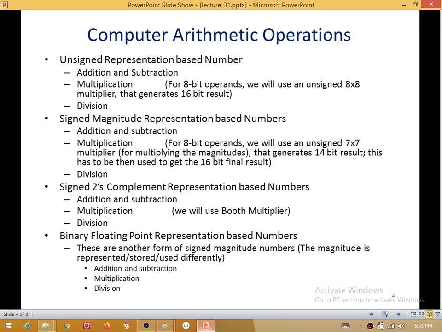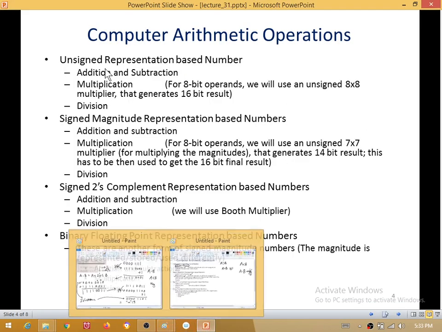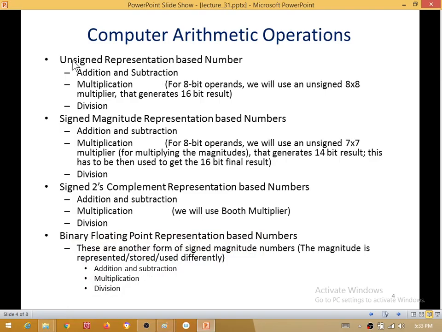So whenever we are looking at the subtraction of unsigned numbers, remember that there are two options available with us. After I have done my subtraction, which means after I have done a plus 2's complement of b, there are two options. If there is a carry and the carry value is a 1, then whatever answer I got is the correct final answer.